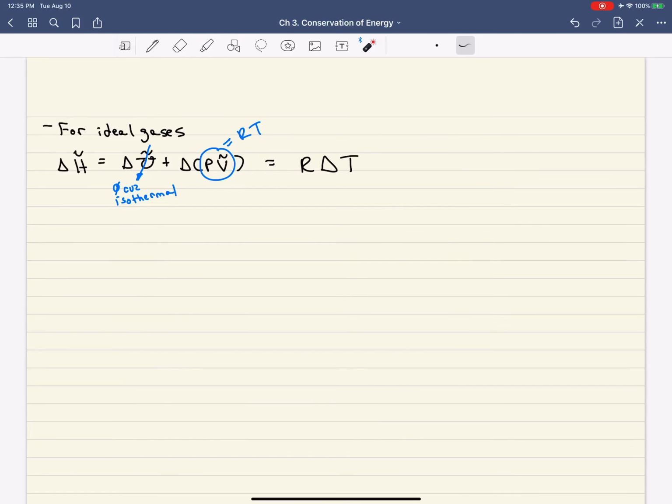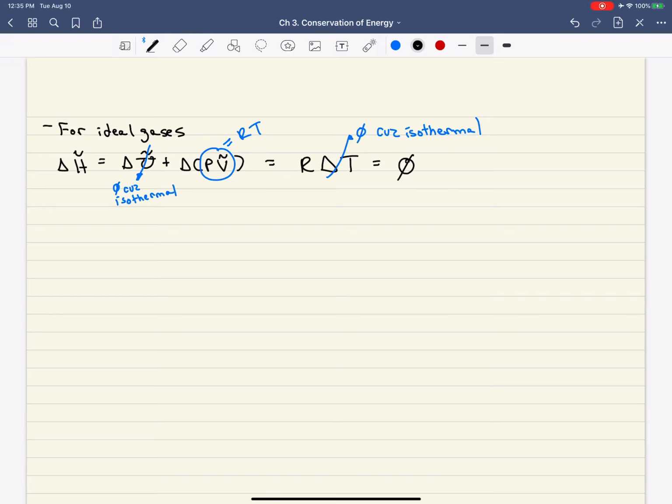We pulled the R out of the delta because it's a constant. The other thing that's constant as well is temperature, so our delta T here is actually 0 because the system is isothermal. What this tells us is that if we have a constant temperature and changing pressure system, the change in enthalpy is going to be 0.